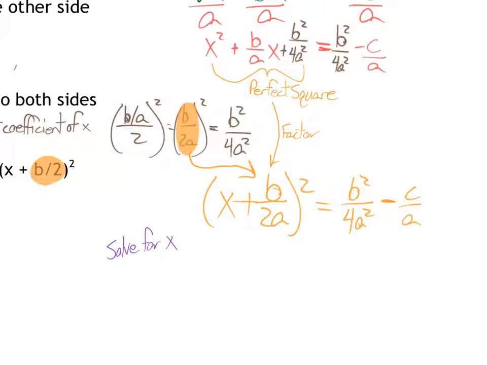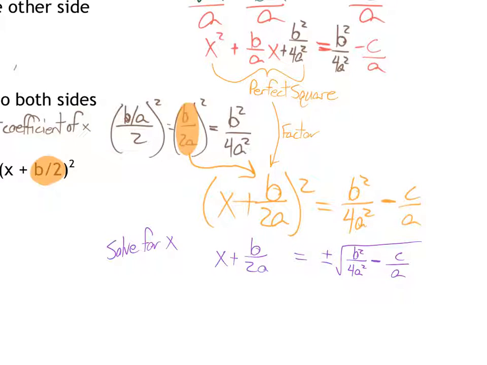Now, as we solve, you undo a square by square rooting. And when you square root an equation, you always have to do plus or minus. So you have b squared over 4a squared minus c over a, and that would be equivalent to plus or minus the square root of that, right?